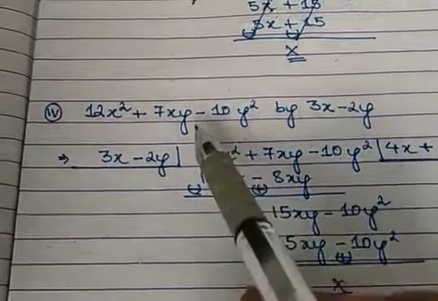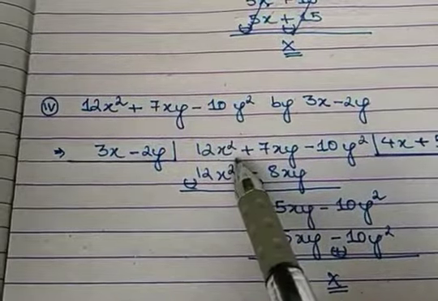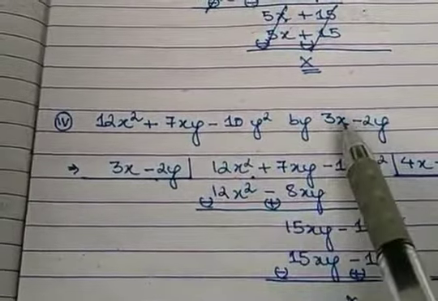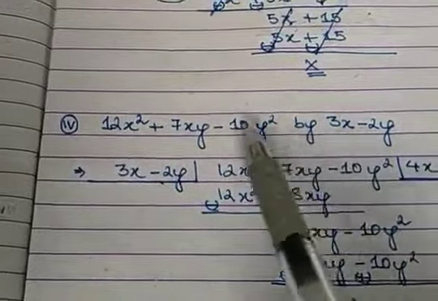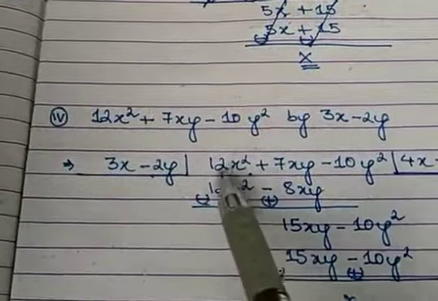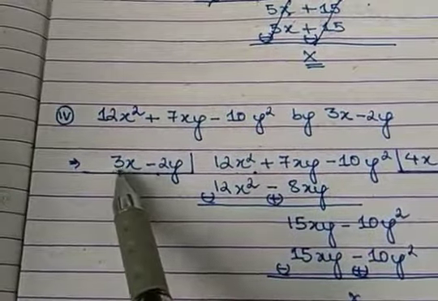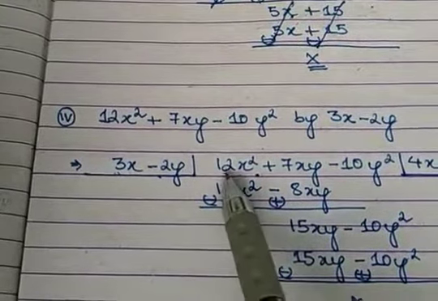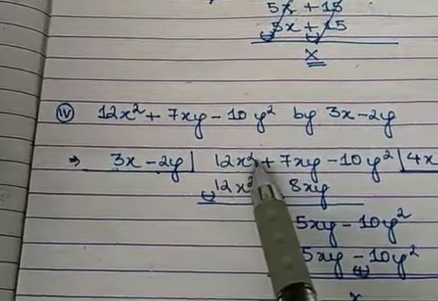So I placed the dividend in here, the divisor in here, because we need to divide this by 3x minus 2y. The first term of the divisor is 3x, and in the dividend the first term is 12x squared.